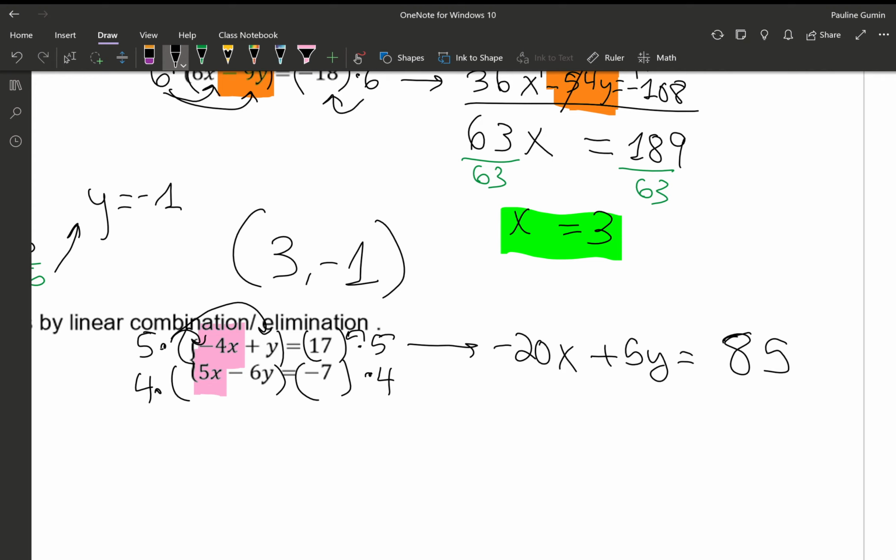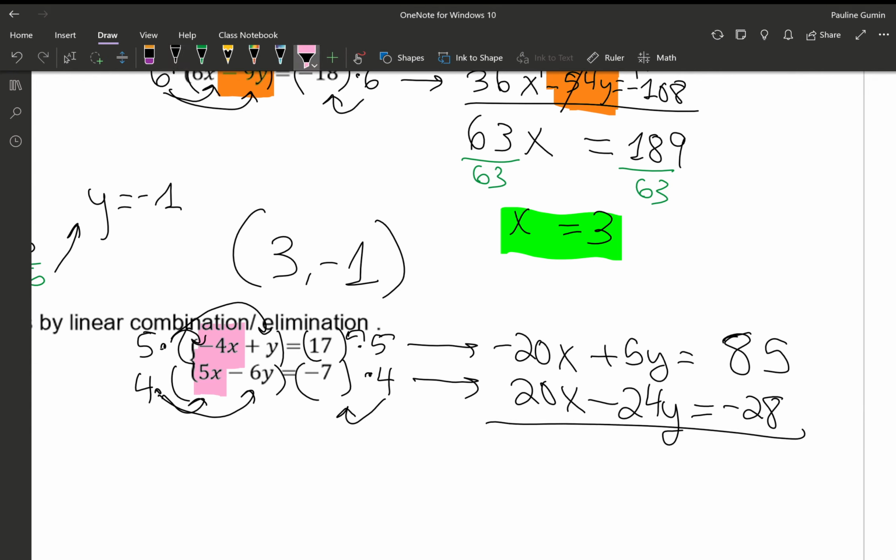Okay, let's do the bottom. 4 times 5 is positive 20x. Minus, not plus, minus. My bad. 4 times negative 6 is negative 24. That's why it's a minus. Equals 4 times negative 7 is negative 28.